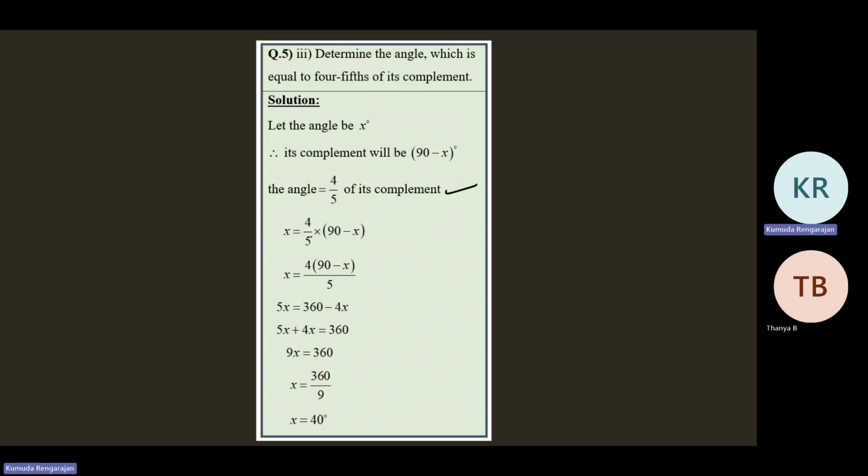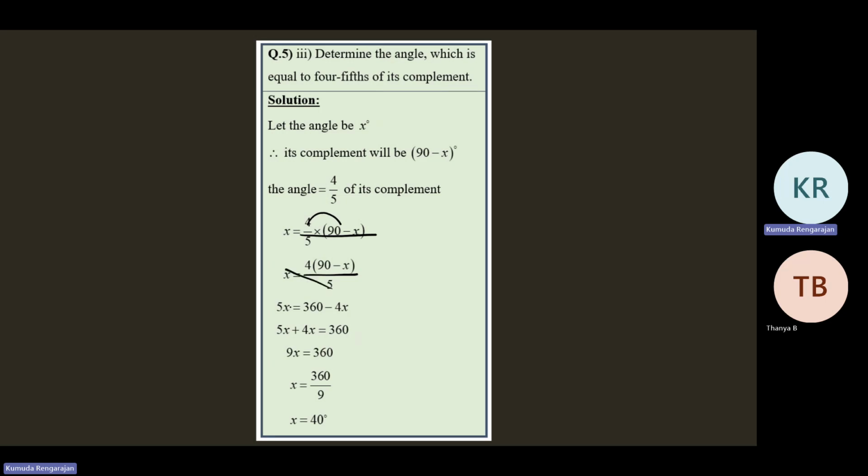The angle x is equal to 4/5 of converts to multiplication. Its complement 90 minus x. So 4 into 90 minus x in the numerator divided by 5. So 5 in the denominator.